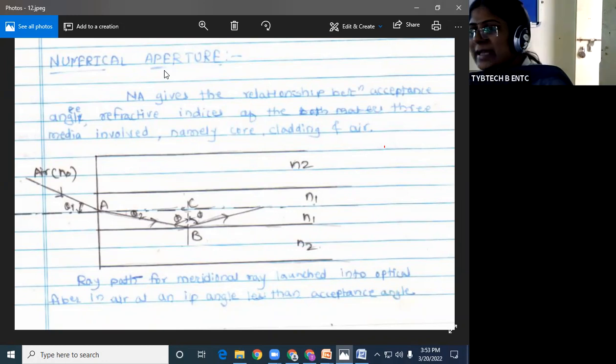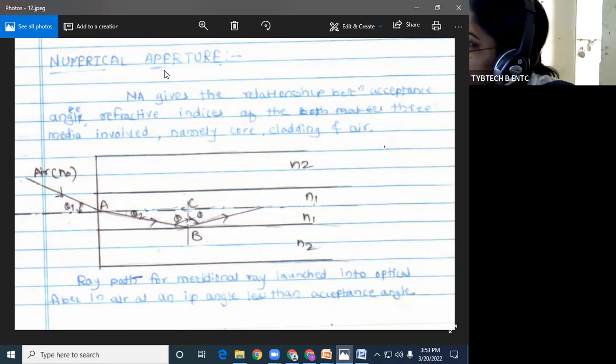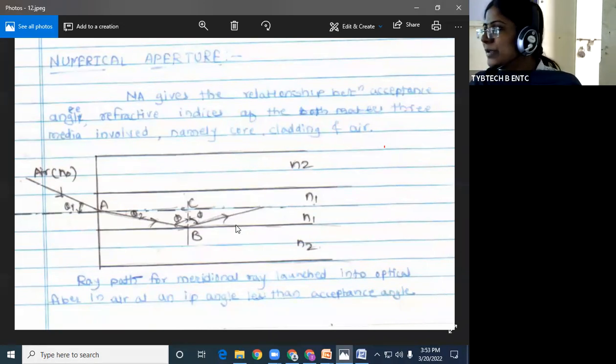So whatever is the ability of optical fiber cable to receive the light emitted by optical source, that is called as numerical aperture. So it is defined as light collecting ability of optical fiber. I think I have told you to write down that definition. Light collecting ability of optical fiber, that is called as numerical aperture.